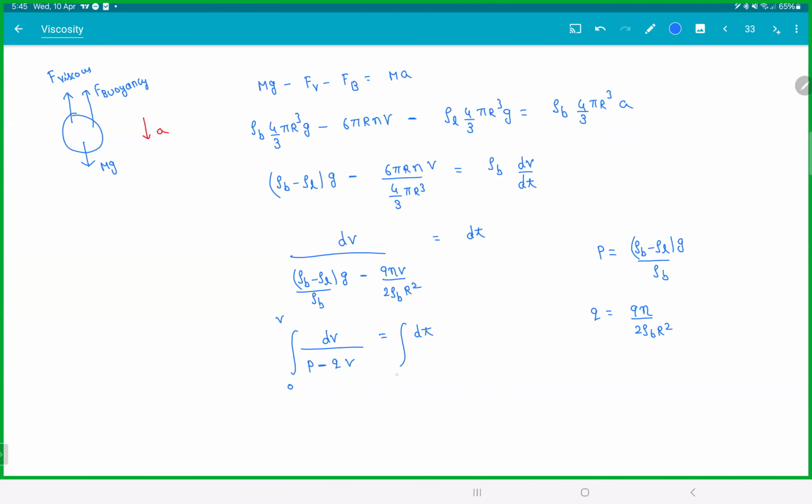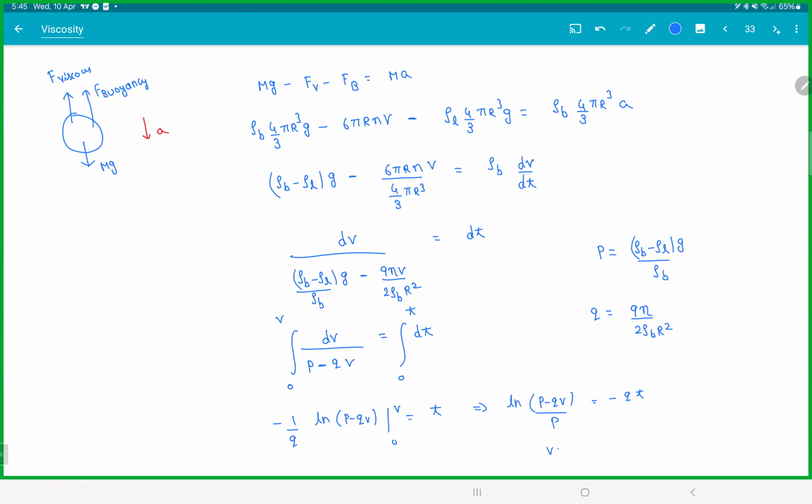Limits 0 to velocity, 0 to time. This guy will be minus 1 by q ln of p minus qv, with limits from 0 to v is equal to t. This would be ln of p minus qv by p, I substituted the values and subtracted them, is equal to minus qt.